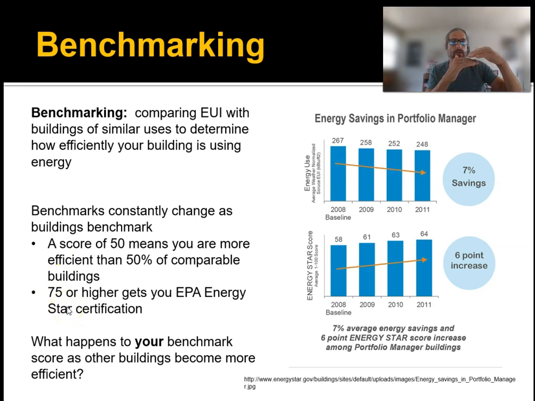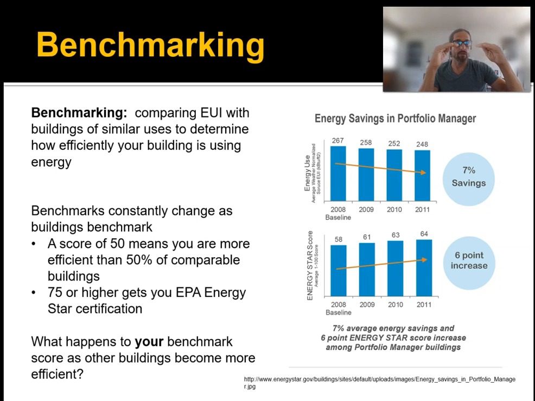Then next year, if I don't do anything, I don't increase my efficiency or reduce my energy use, so I stay the same, I have the same EUI next year, but everybody else enters their data and their EUI is lower. So I was at 75 originally, and then everybody else got more efficient.